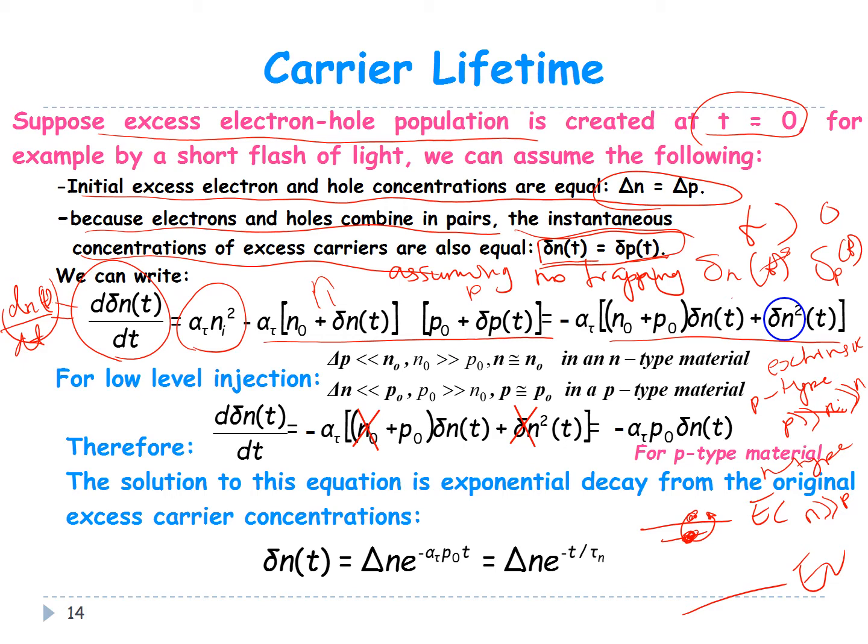Now, the other thing that we are going to assume is what we call low-level injection. So low-level injection means for a p-type material, delta n is much smaller than p naught, and for an n-type material, delta p is much smaller than n naught.